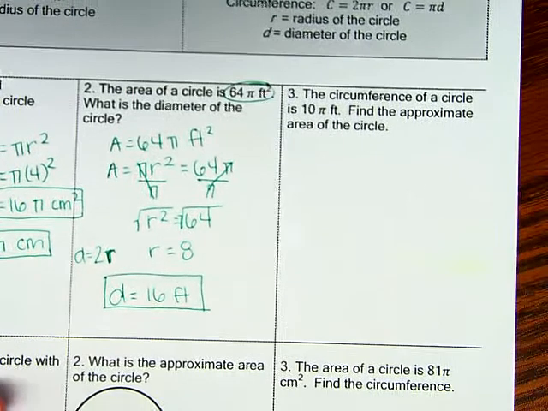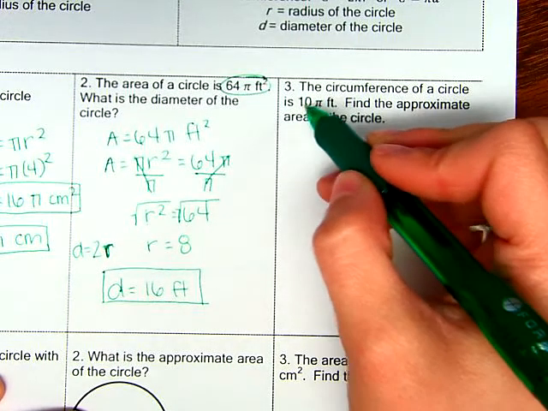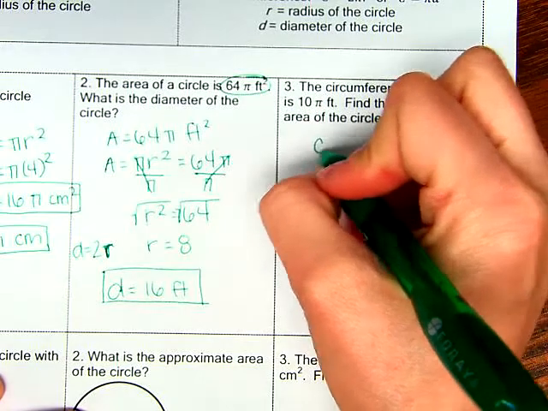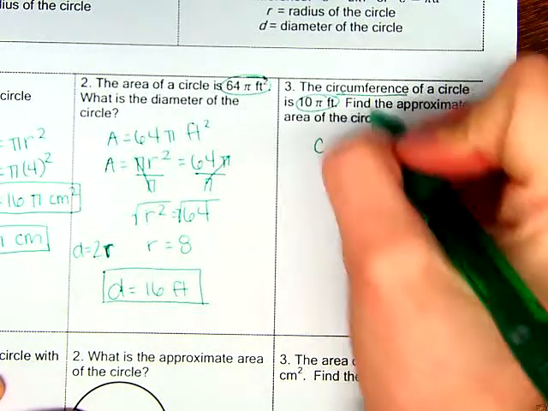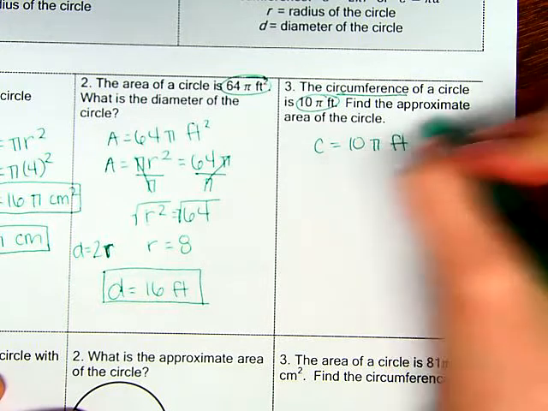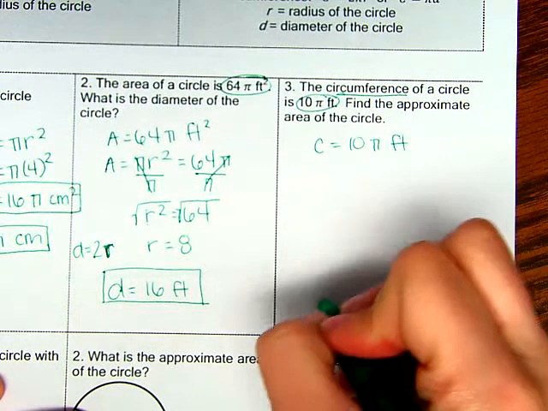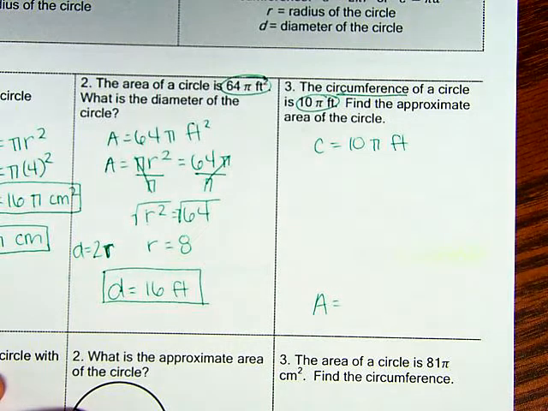Alright, last but not least, number 3. The circumference of a circle is 10 pi feet. So circumference equals 10 pi feet. Find the approximate area of the circle. So we are solving for area.